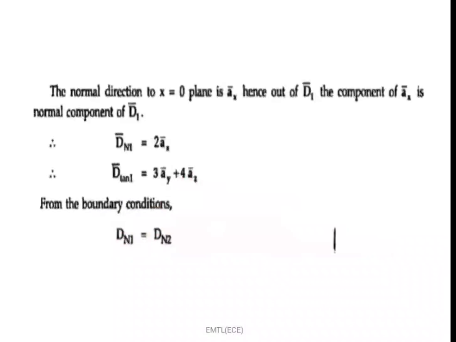And clearly the D tangential 1 term is equal to 3 ay bar plus 4 az bar. By substituting here and multiplying with the 4 by 3 term, this is the D tangential 2 vector, that is 4 ay bar plus 5.33 az bar. And D2, that means the electric flux density, is the sum of the normal component and tangential component.